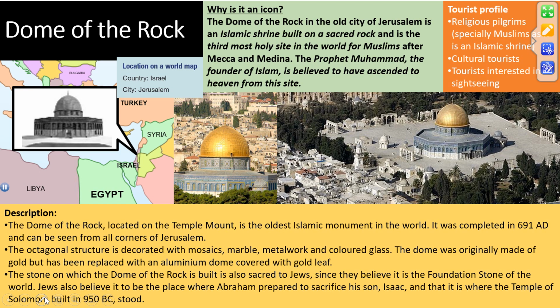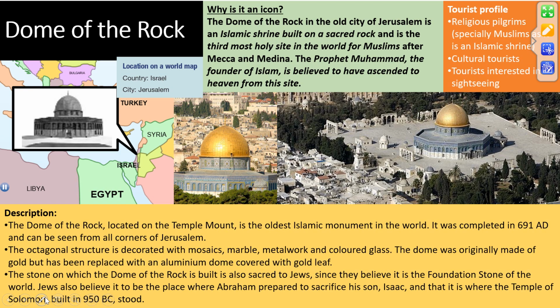If you take a look at the top left-hand side of your screen, you will see there is an indication of where Israel is, and the Dome of the Rock is in the city of Jerusalem. Why this is an icon is explained at the top of your screen in the middle.